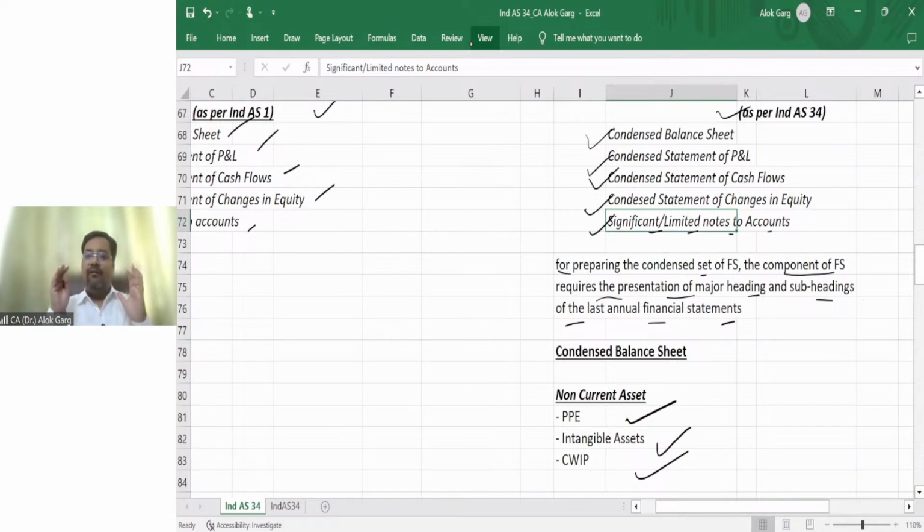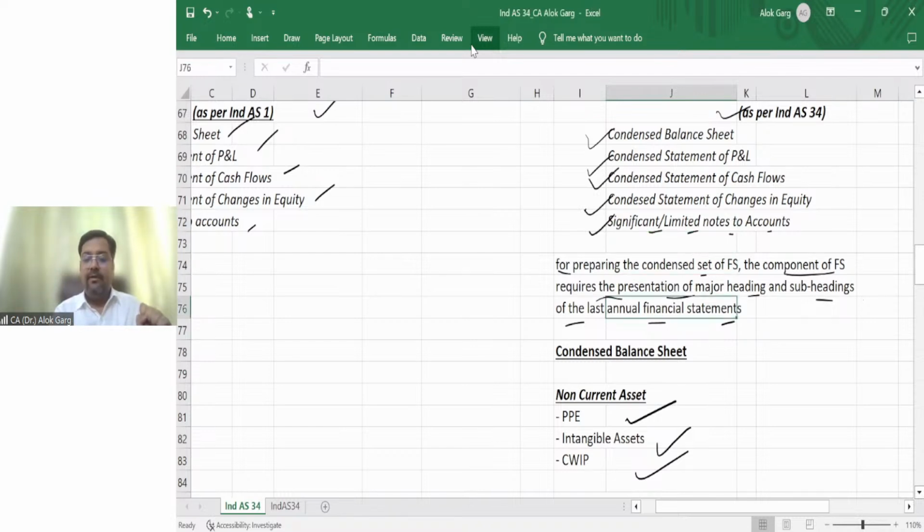Friends, frankly speaking, between the full set of financial statements and the condensed set of financial statements, the major difference is only related to the notes to accounts. In a full set of financial statements, there are complete notes to accounts, but in a condensed set, the notes to accounts are limited only.